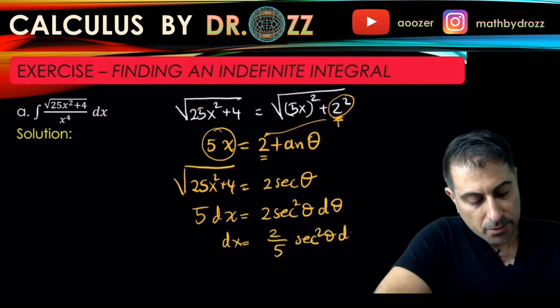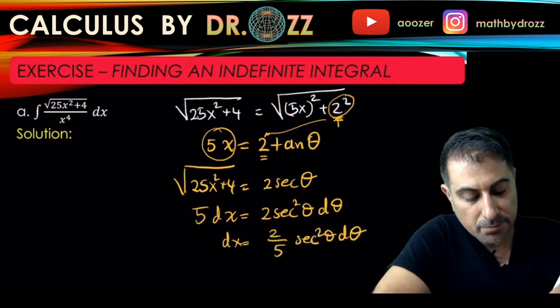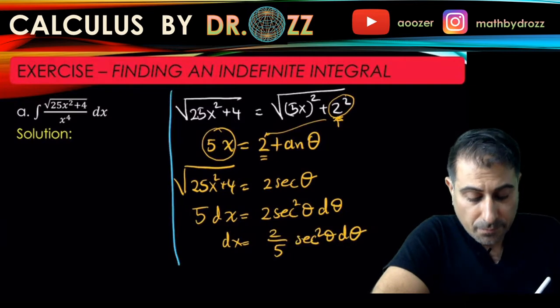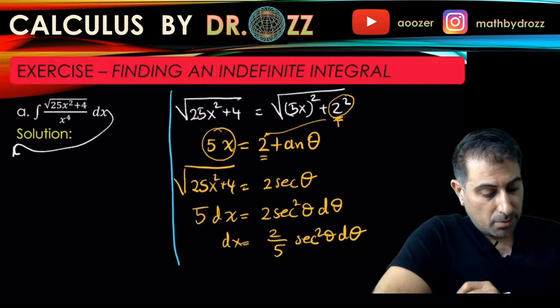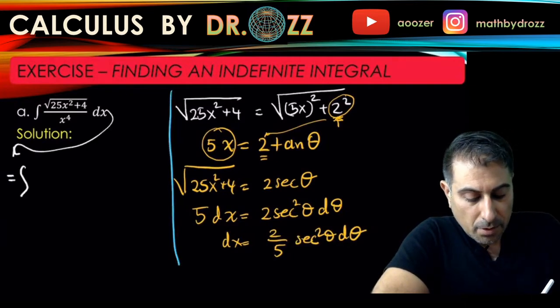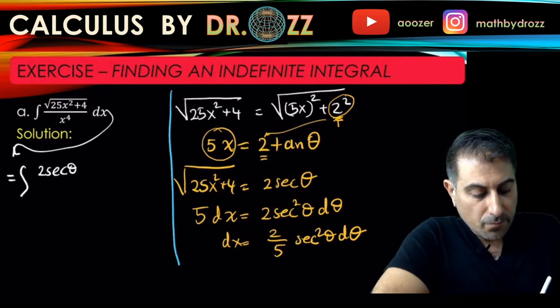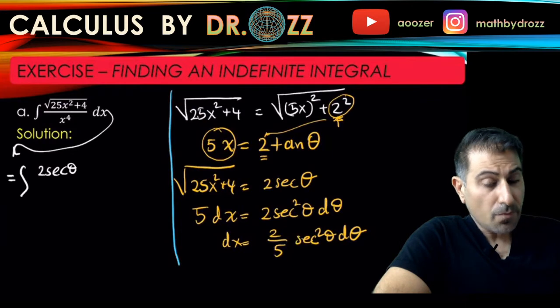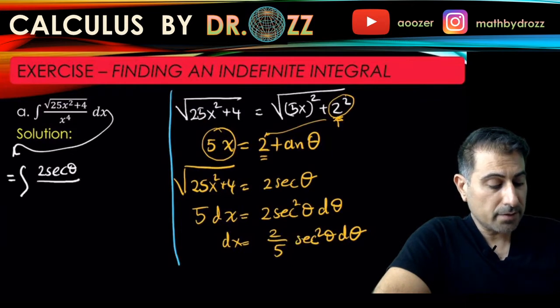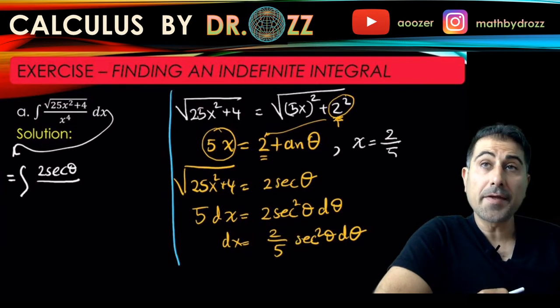Okay, so let's just put a border here, and then let's try to rewrite this integral. So the radical term is going to be 2 secant theta. The bottom is, let's see, here x is 2 over 5 tan theta, right?